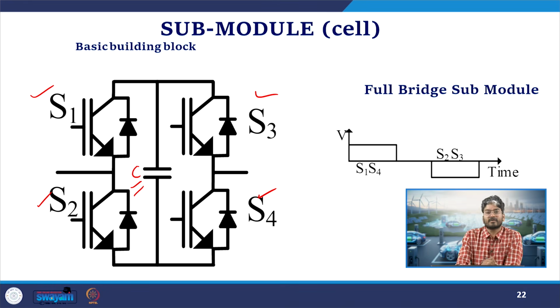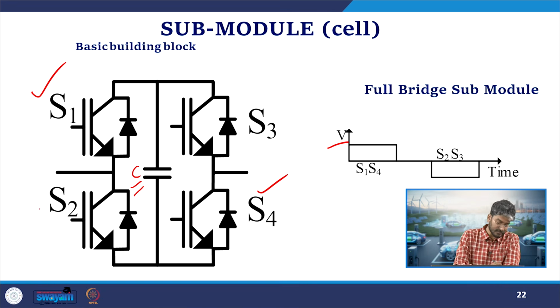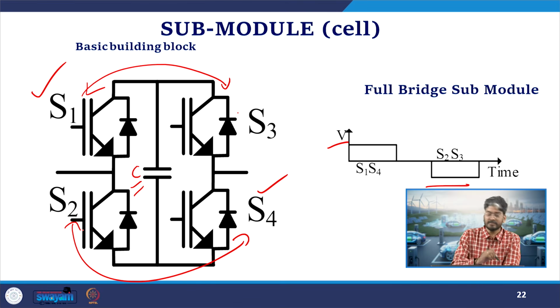So what voltage can it generate? Similar to our Cascaded H-Bridge, this full bridge can also generate three voltage levels. When S1 and S4 are on, it can be inserted in the positive direction. When S2 and S3 are on, it will generate a negative voltage. When S1 and S3, or S2 and S4, are on, it will generate 0 voltage.